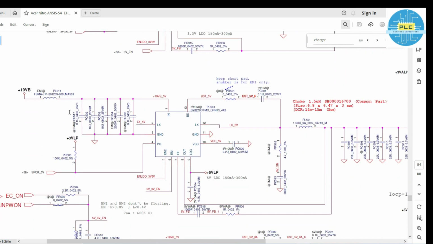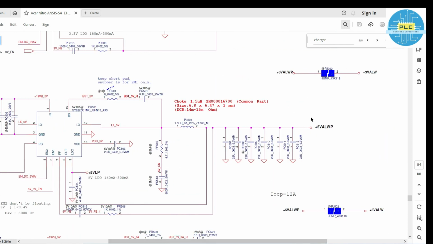Again, one more IC, 19 volt in and ground will also be there. Ground is here somewhere, see here. Once this loop is completed, then it gives plus 5 VLP and 5 VALWP. Right, these two voltages this particular IC has given, the IC number is SY8270C.